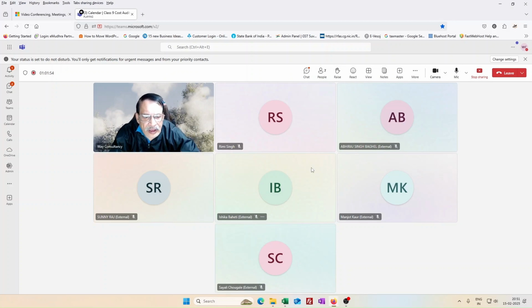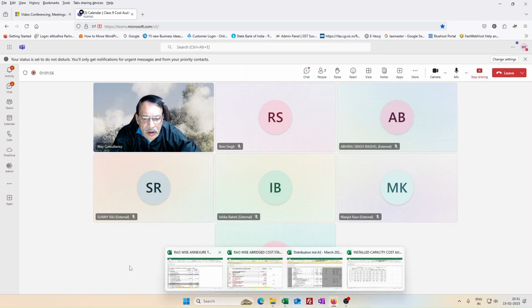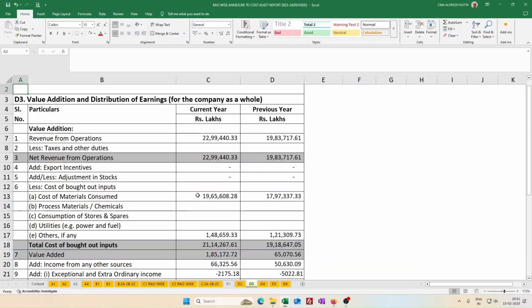So I am coming here in the value addition. In value addition, this format also has been standard in the CRA company's cost record and audit rules.